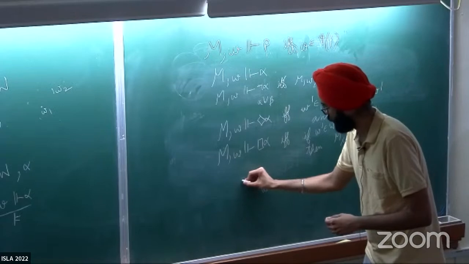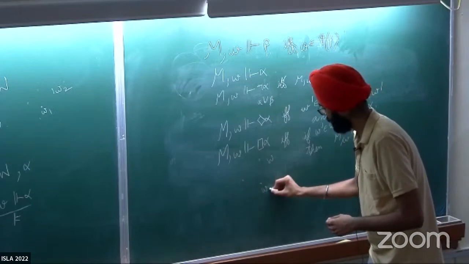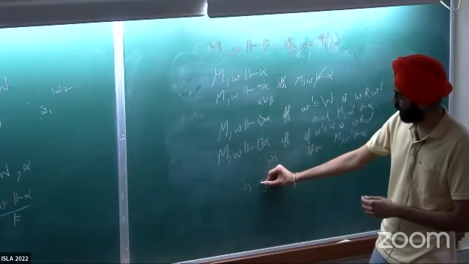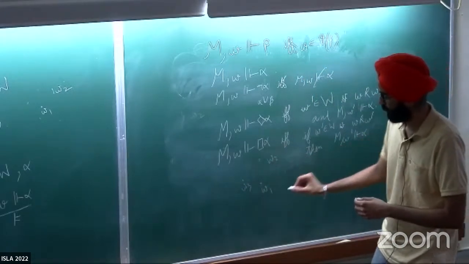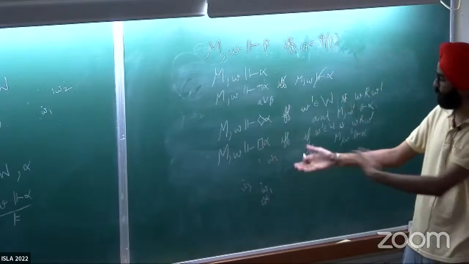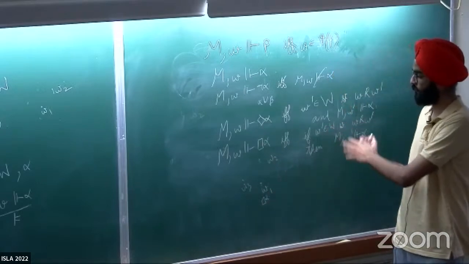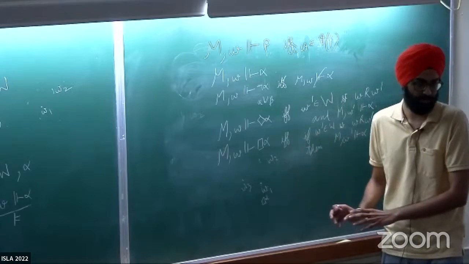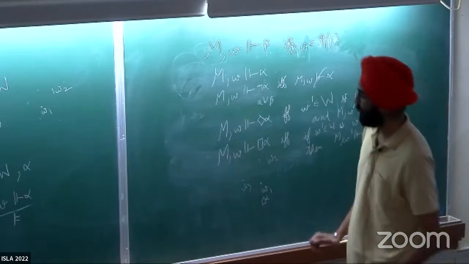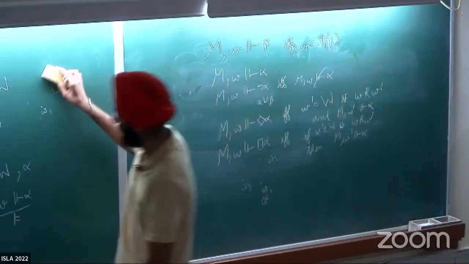If my world is not related to any other world, then I can say that box alpha is true here, basically because there is no world which is related to my world. So by vacuous argument, box alpha is true at this world. So just to make things more clear, I can give an example here.